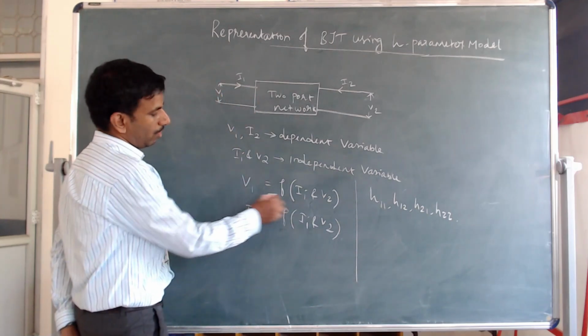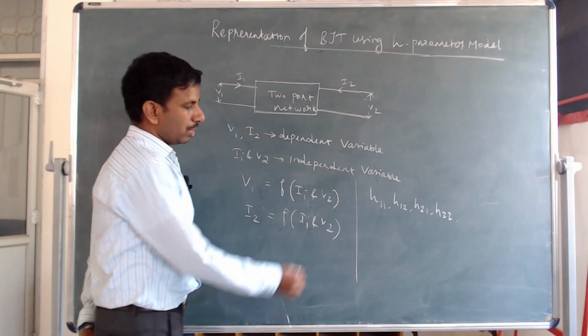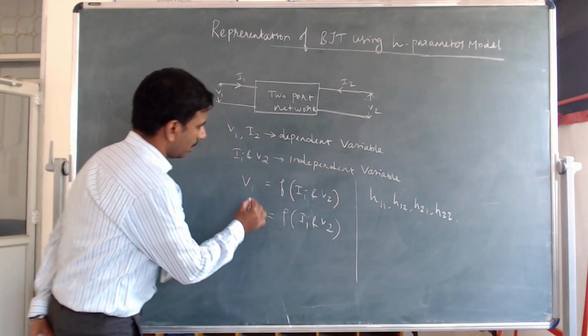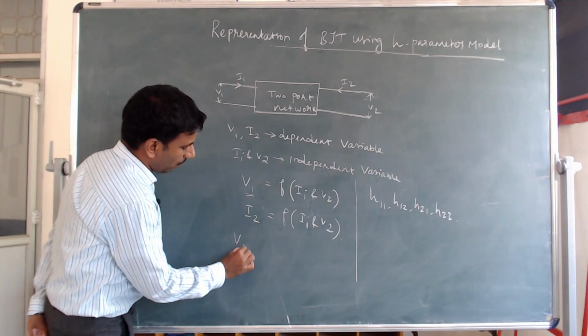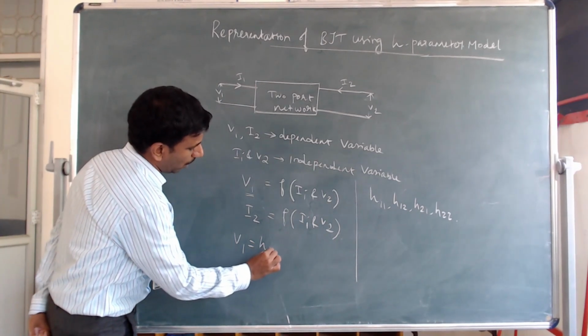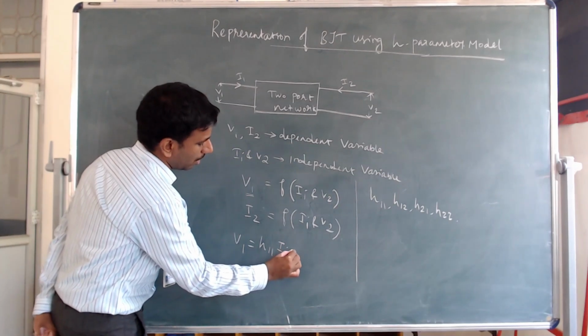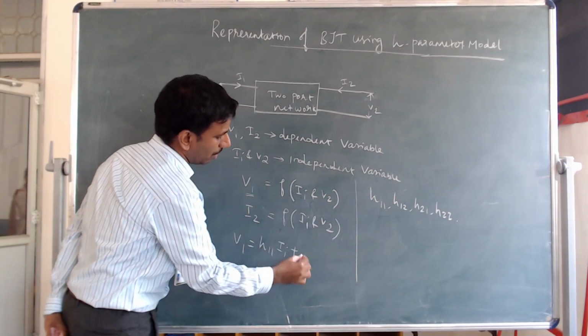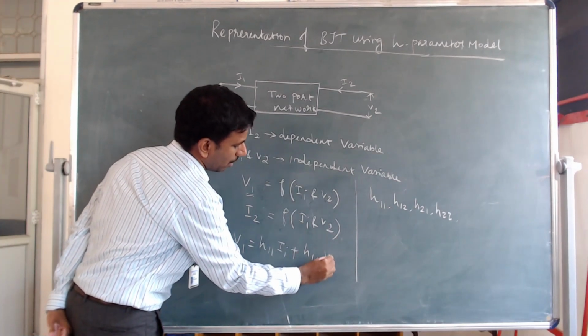We will write the equations based on the dependent and independent variables using these H parameter values. First, the equation for the input voltage: V1 equals H11 times I1, the first independent variable, plus H12 times V2, the next independent variable.